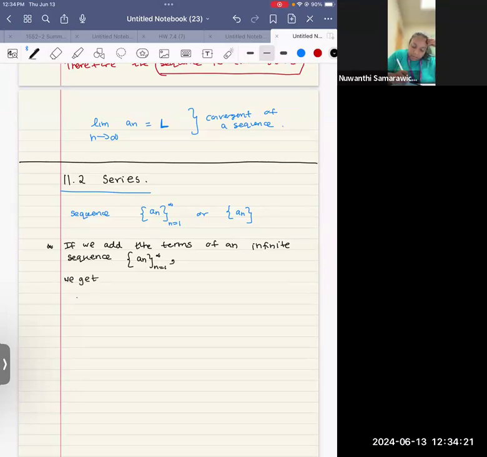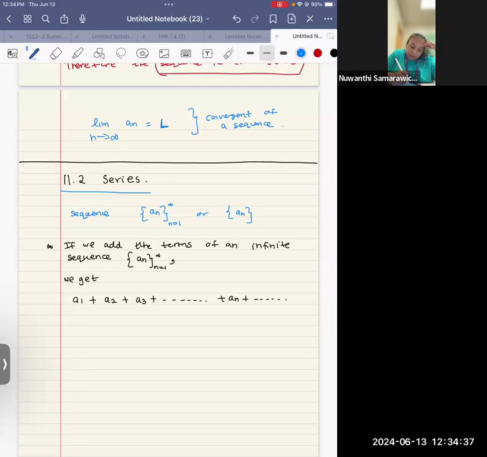If we add all the terms, it represents like this. The first term, we add the second term, third term, we add all the terms, the n-th term, we add all the terms.